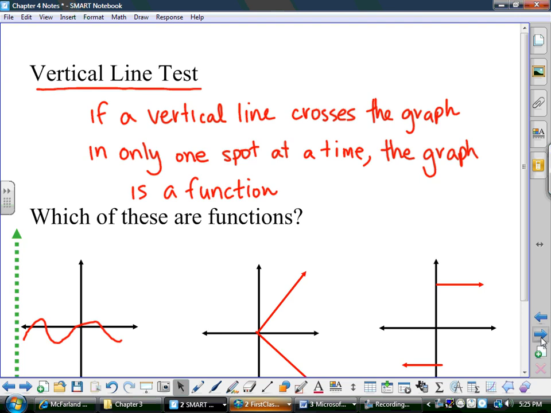Remember, for it to be a function, each x can only have one y. So if this vertical line test works, that's basically saying the same thing as each x only has one y.